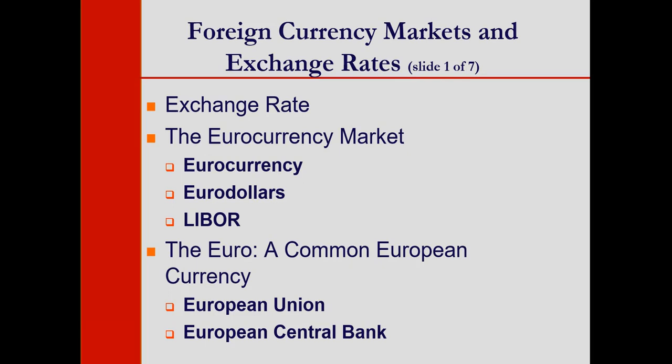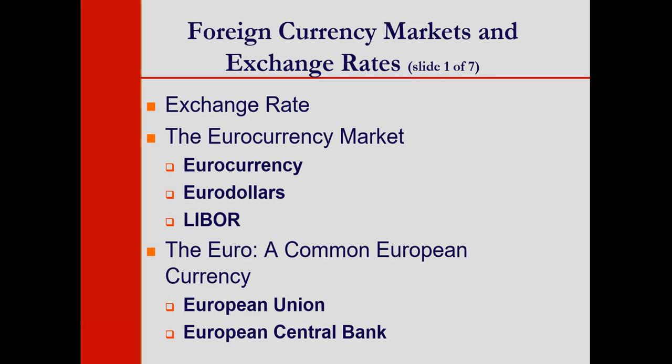The dollar value in terms of euro would be different than the dollar value in terms of pounds, or the dollar value in terms of Indian rupee, or the dollar value in terms of Japanese yen. So exchange rate is always in relative terms.